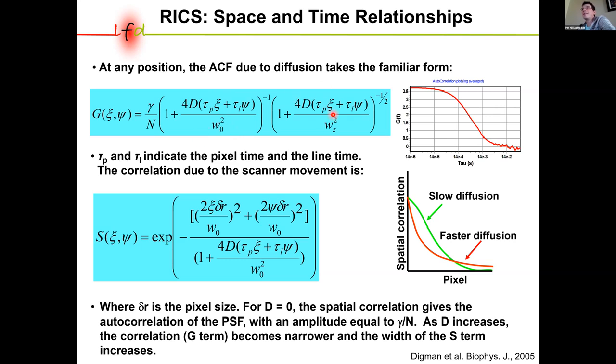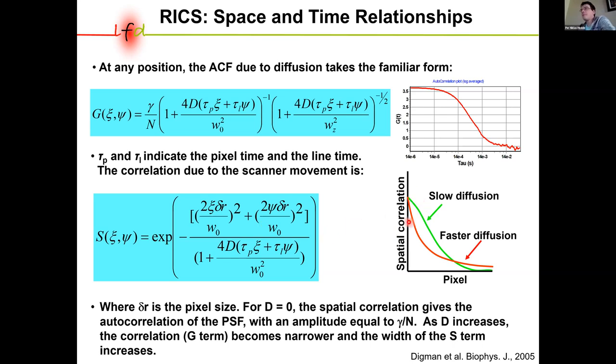And then we have a second term, which has the same parameters, but then is divided by the point spread function extension in the axial direction, the z direction. So this accounts for the motion of the molecules, but then we also have an exponential decay here, which accounts for the motion of the laser beam.